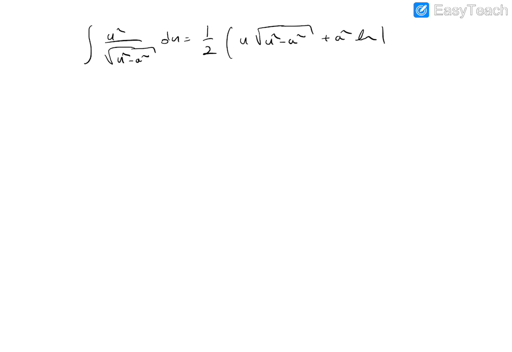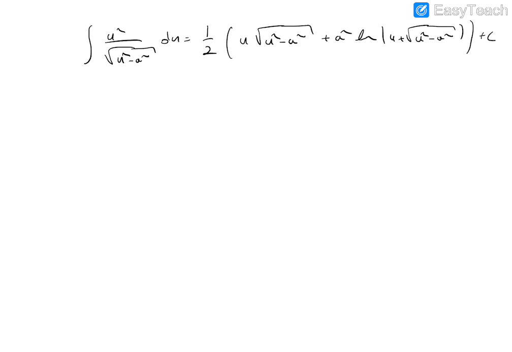But sometimes the given formula and your function can be different. For example, the given formula is this one. Let's write it: the integral of u squared over the square root of u squared minus a squared du equals 1 over 2, u times the square root of u squared minus a squared, plus a squared ln of u plus the square root of u squared minus a squared, plus constant term c.